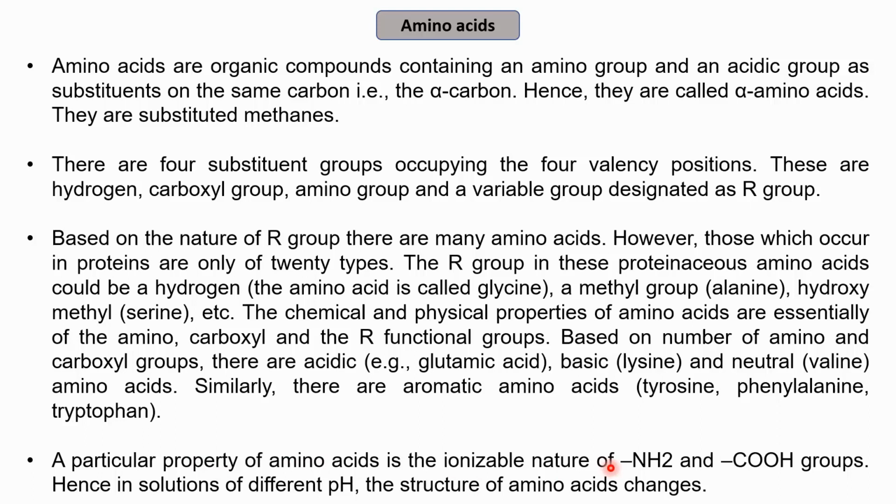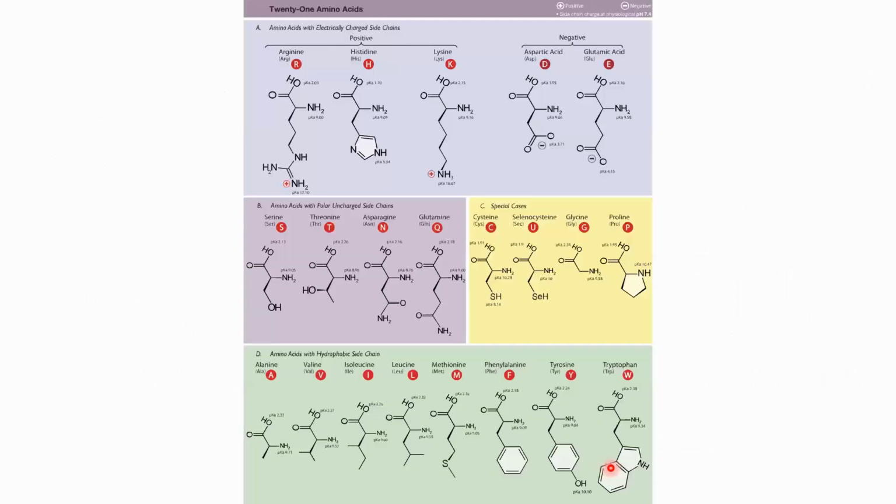So in solutions of different pH, the structure of an amino acid changes depending on the ionization of the NH2 and COOH group. This is the diagrammatic representation of the different structures of different amino acids.